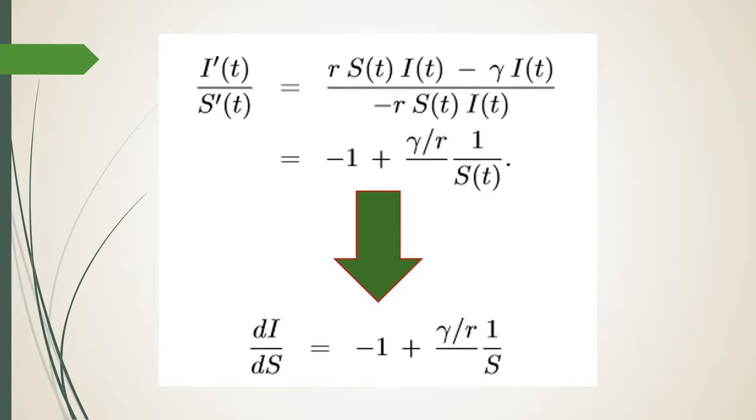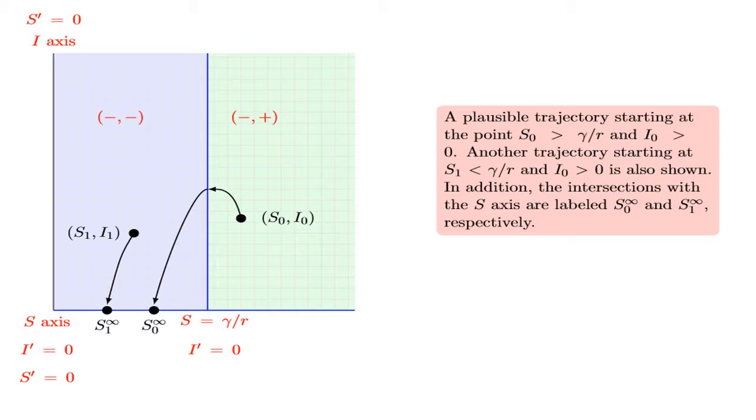Comparing the I and S curves, we can get this equation, which can be further simplified. A plausible trajectory starts at the point S0 more than gamma divided by r and I0 more than 0. Another trajectory starts at S1 less than gamma divided by r and I0 more than 0. It is also shown.